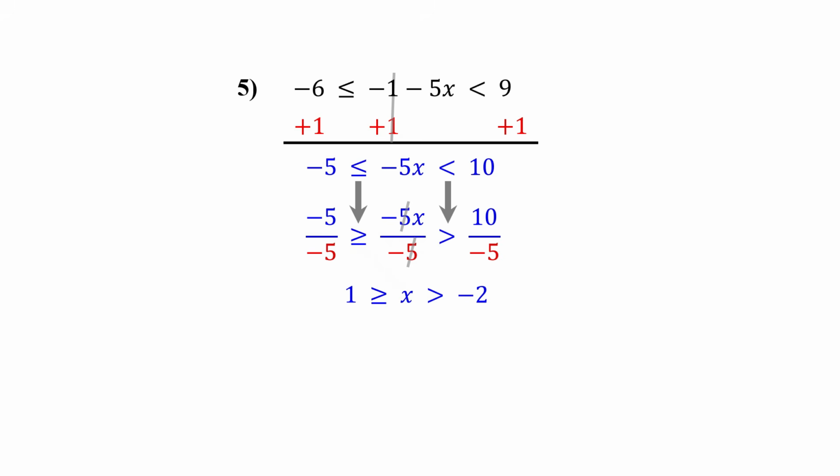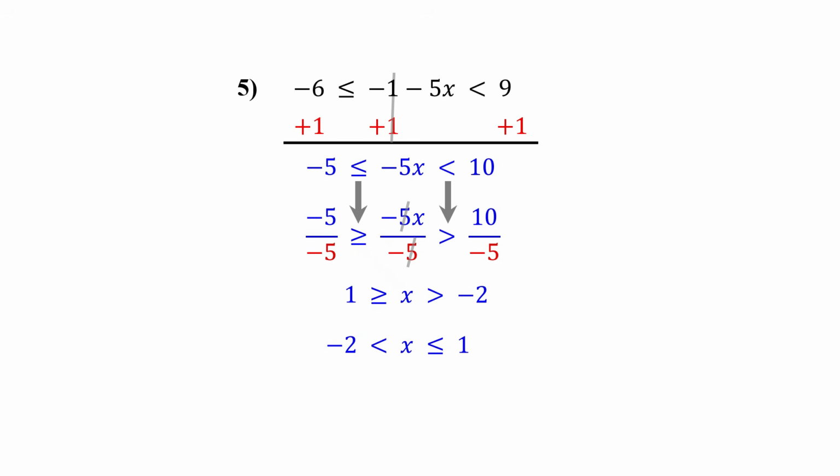To fix this, we can just reverse the entire thing around. That means we switch the positions of the numbers. We also move the inequality signs with their numbers, but we must flip their direction to keep the meaning the same. So the greater than moves with -2 and becomes less than. And the greater than or equal to moves with 1 and becomes less than or equal to.